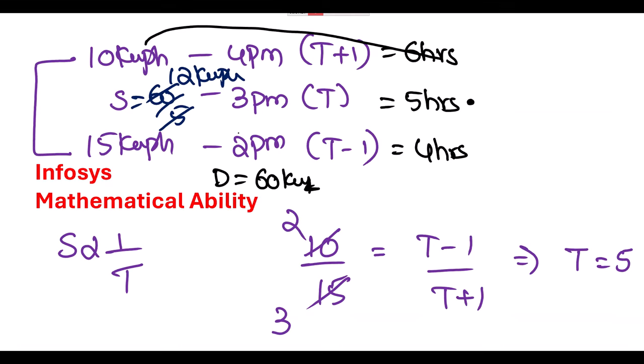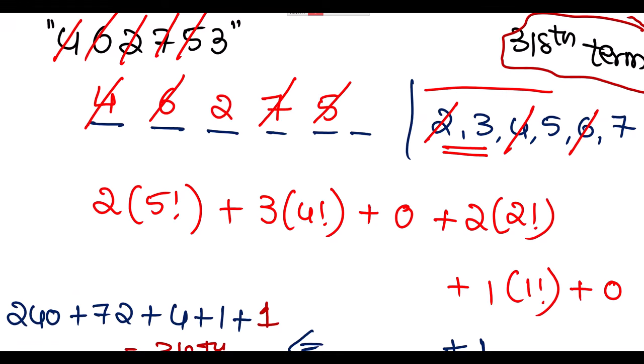Check the last one also: 15 kilometer per hour for 4 hours, 15 into 4, means the distance is 60 kilometers. Now you need to travel it in 5 hours, so we get 12 kilometer per hour as the answer.